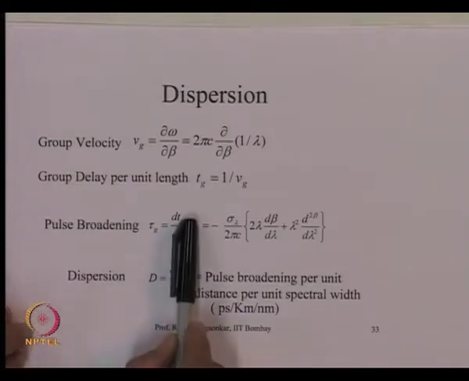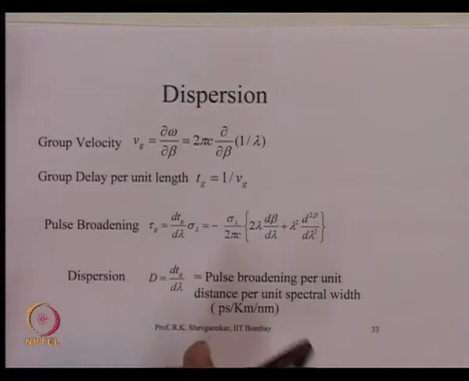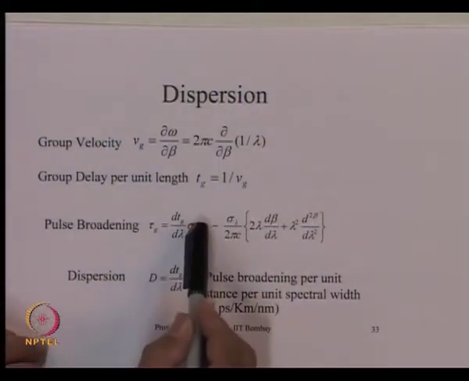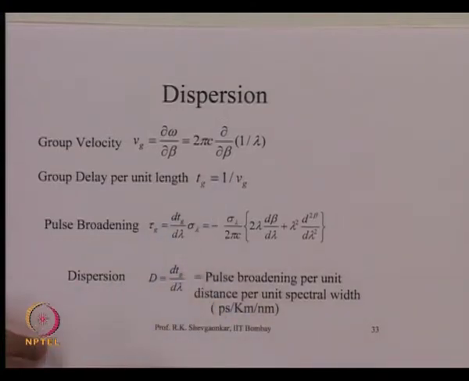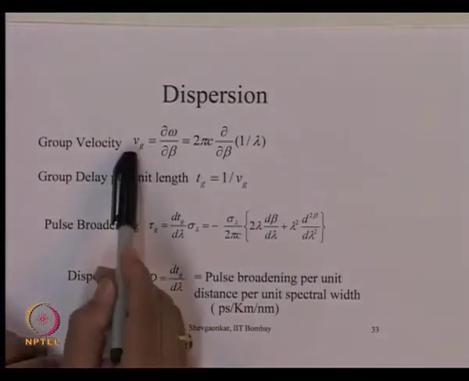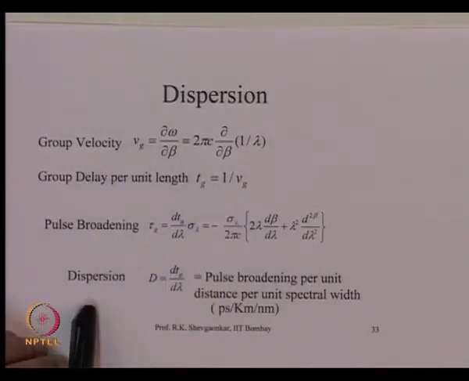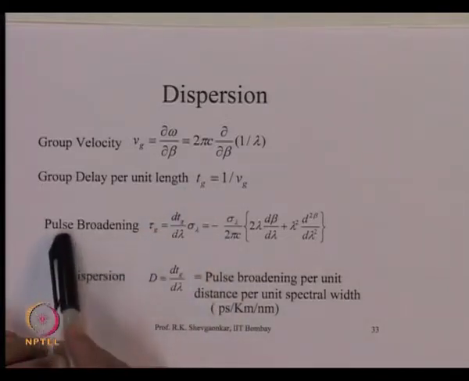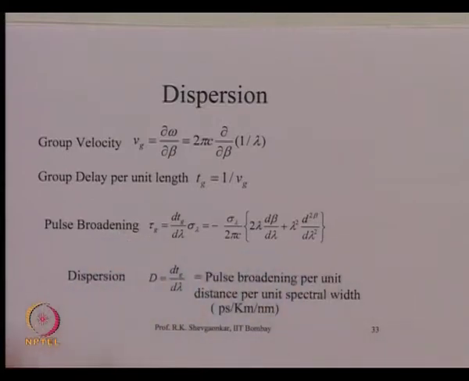So, we are saying: what is the difference in the group delay per unit length over 1 unit spectral width? That quantity will be dTg by d lambda. If we multiply by the spectral width of the source, sigma lambda, then we get the total pulse broadening. So, if I take this Vg from here, find out the group velocity, take 1 upon that, and take the derivative of this quantity with respect to lambda, you get the pulse broadening, which is essentially given by this.